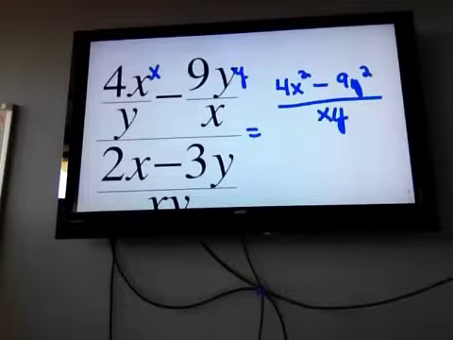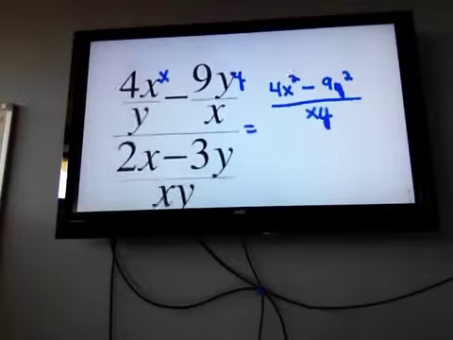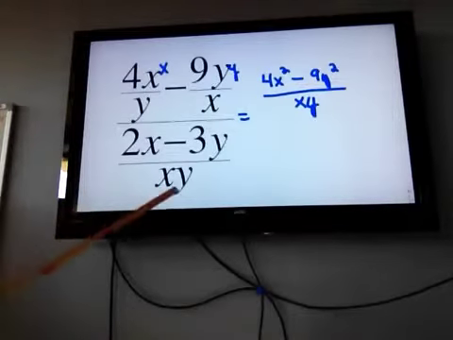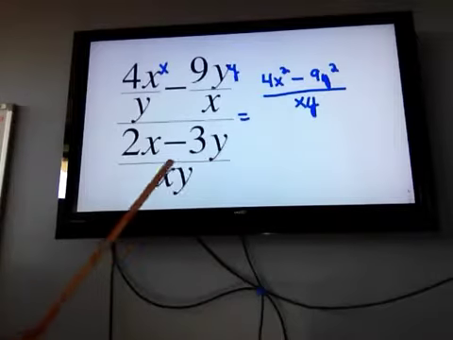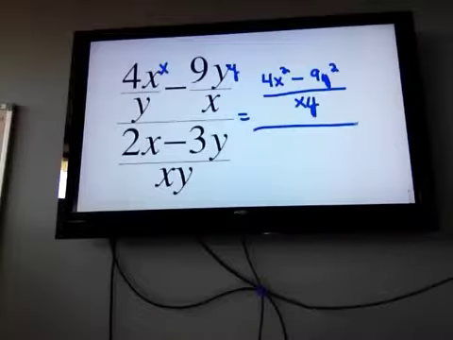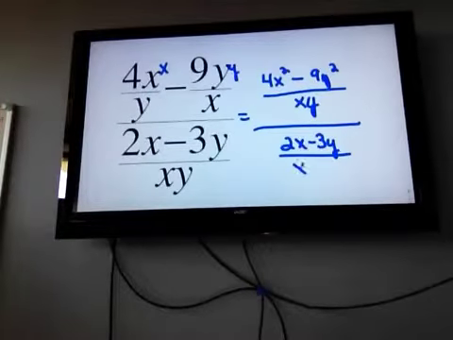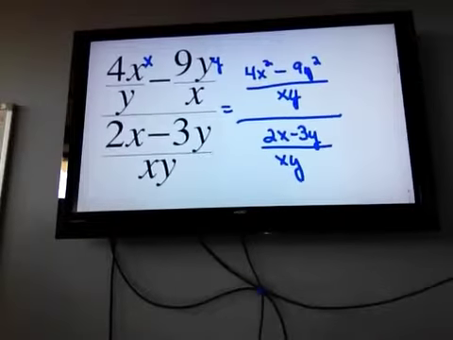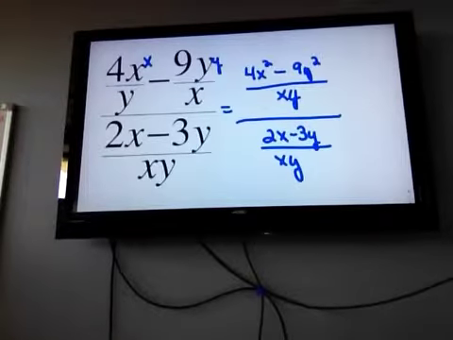So there's my single fraction. The denominator already is a single fraction, so we're not going to have to do any work down there. So I'm going to leave it just like it is. Because that's your first goal, single fraction over single fraction.